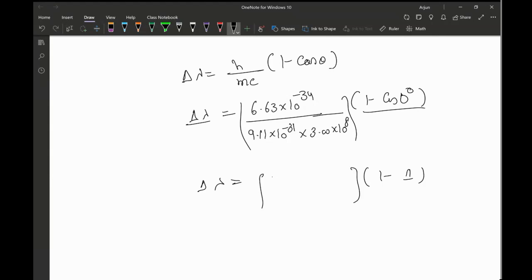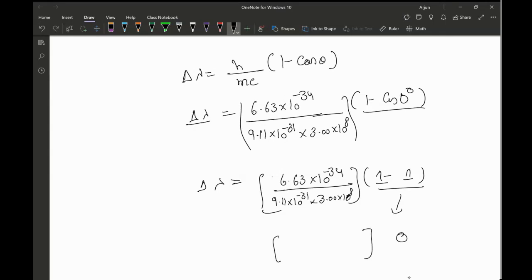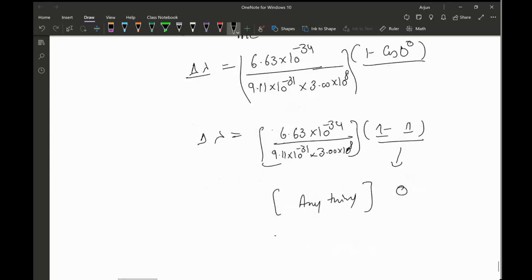So you don't need to keep calculating this number; you can leave it as it is. I'll tell you why. 9.11 times 10 raised to the power negative 31 multiplied by 3.00 times 10 raised to the power 8, times 1 minus 1, which is 0. And 0 multiplied by anything is 0. The answer is 0. So the minimum change in wavelength is 0.